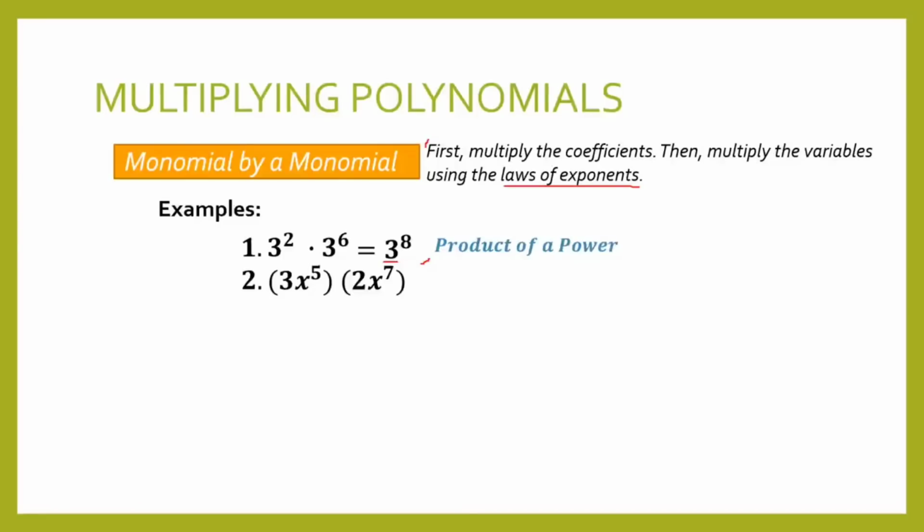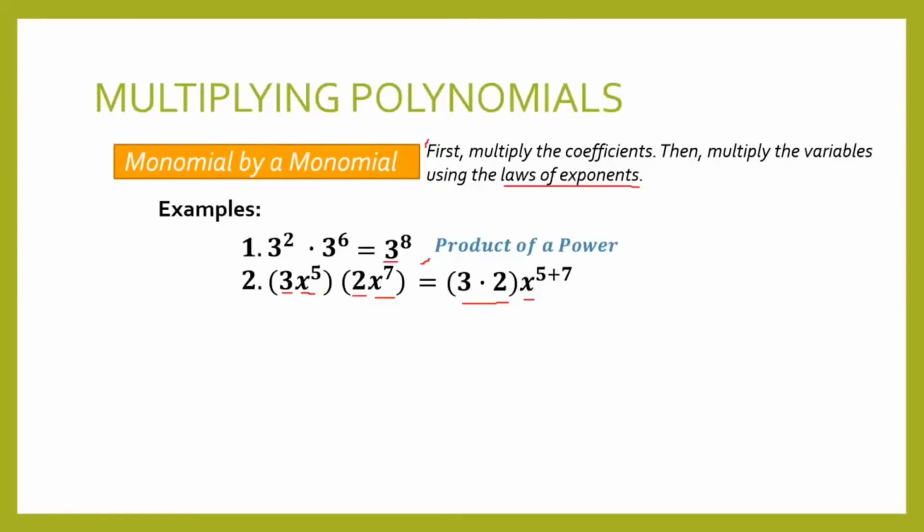How about if we have numbers or numerical coefficients and literal coefficients? So for us to solve this, we multiply 3 and 2, and then we also multiply x raised to 5 times x raised to 7. So for the solution, we have here 3 times 2 times x raised to 5 plus 7.